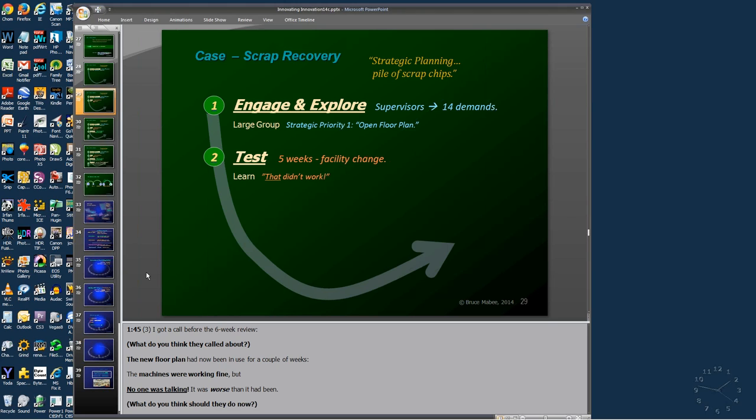One of those plans was the biggest of all, and that was to completely change the configuration of where people sat. Take the top managers out of their offices, put them in the middle, give them cubicles, allow everybody to communicate. That was the solution.